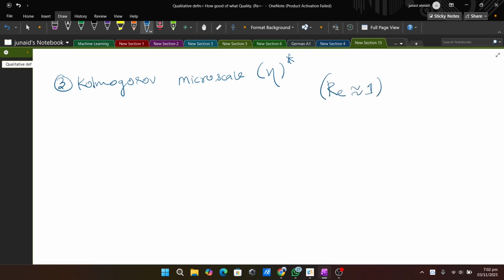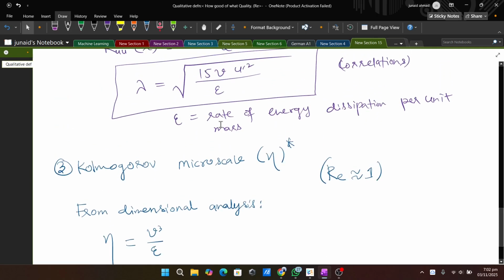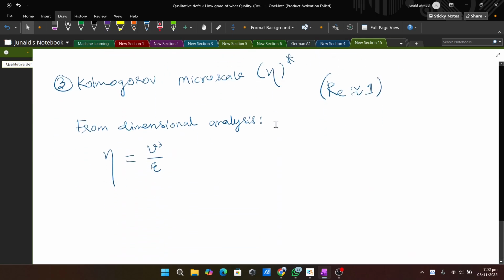From dimensional analysis, the value of the Kolmogorov microscale is equal to the kinematic viscosity nu over the epsilon, which is the rate of energy dissipation per unit mass, all to the power 1 over 4.